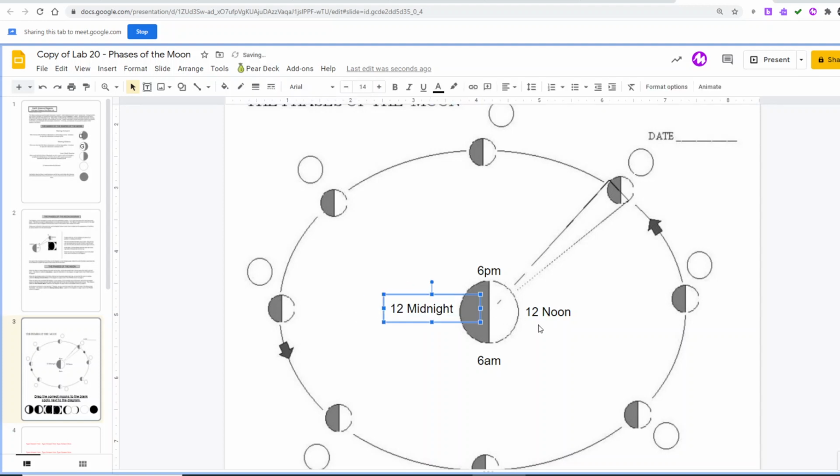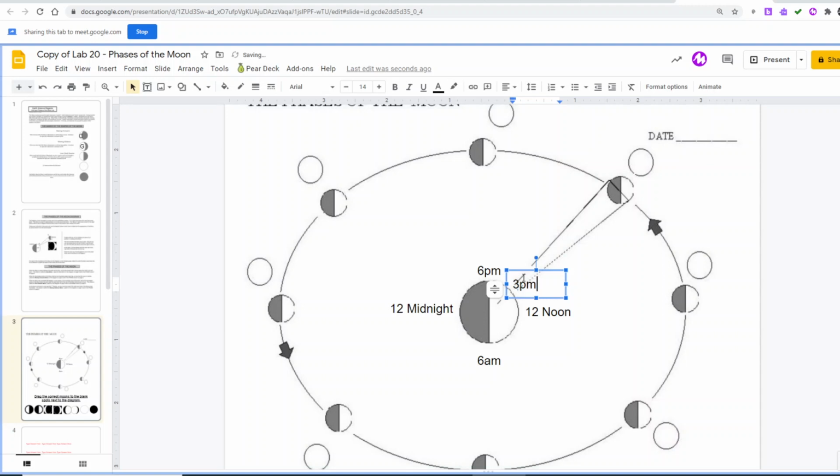So if I know that, let's say, for example, that's 12 noon and that's 6 p.m., what should be right in between the two of those? That's a 6-hour time span. What's halfway through 6 hours? 3.